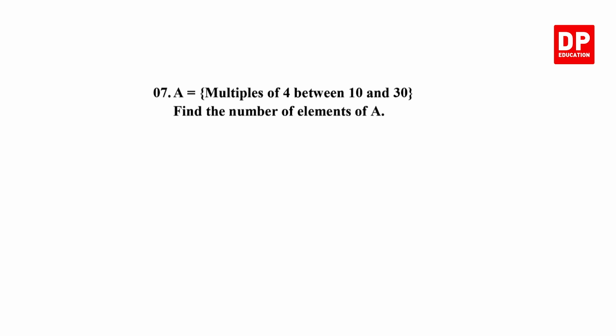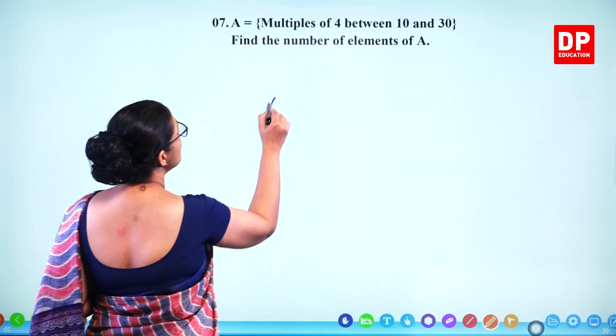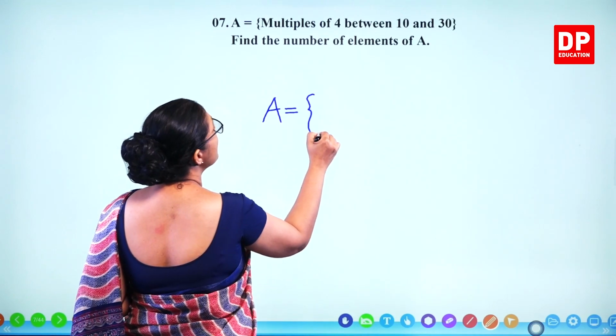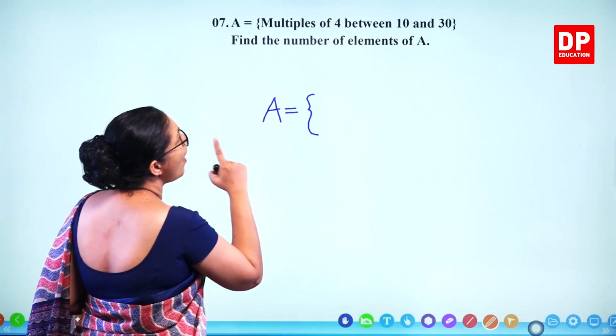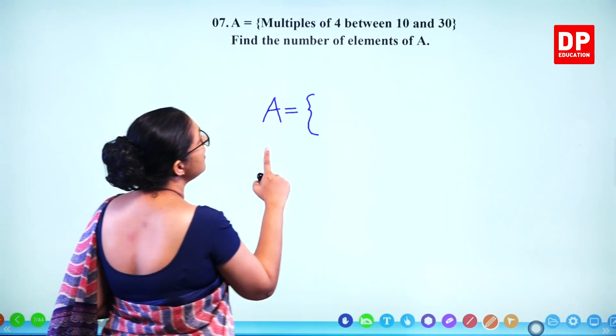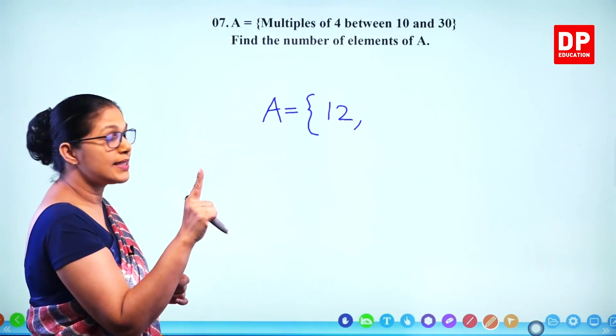Question number 7. Set A, multiples of 4 between 10 and 30. Find the number of elements of A. So before that, you have to find out what are the elements. Multiples of 4. 4, 8, then 4 times 3, 12. You can write because it's in between 10 and 30.